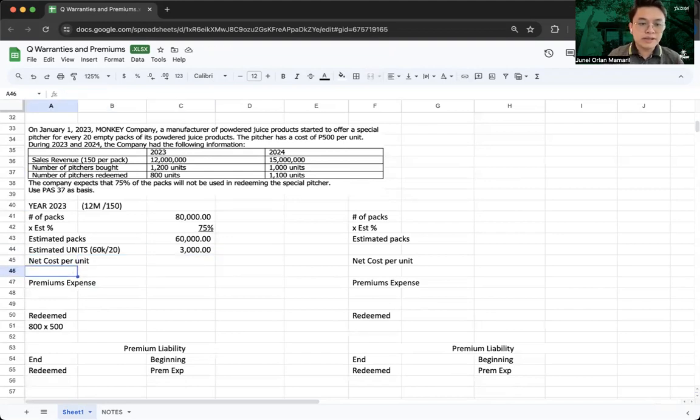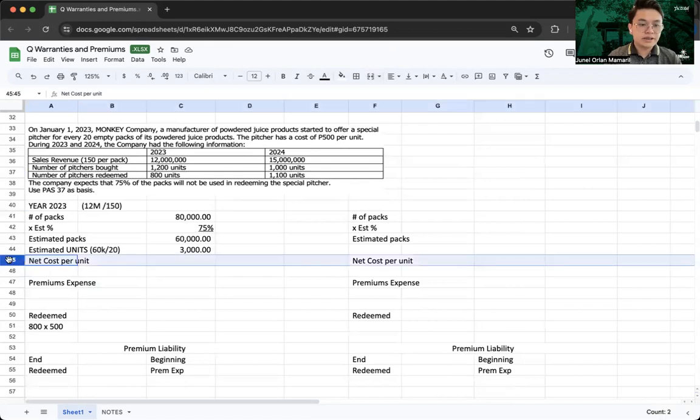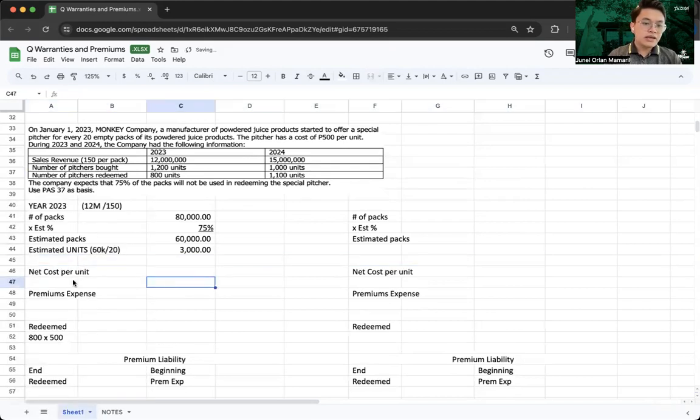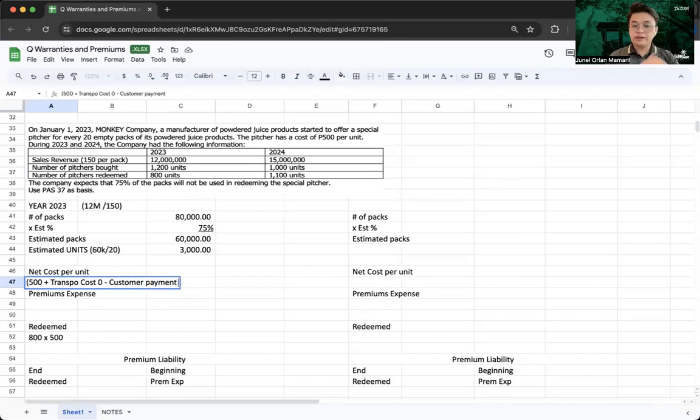The net cost per unit would be, lagyan natin ito ng space, equal to our cost of the picture plus any transfer cost or handling cost, wala naman, minus any customer payment. Na again, for this example, wala naman. So diretso lang tayo, 500. Okay?